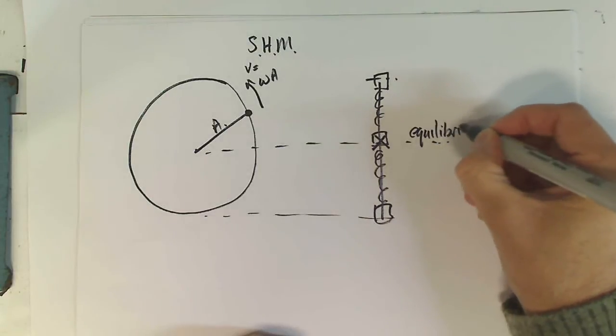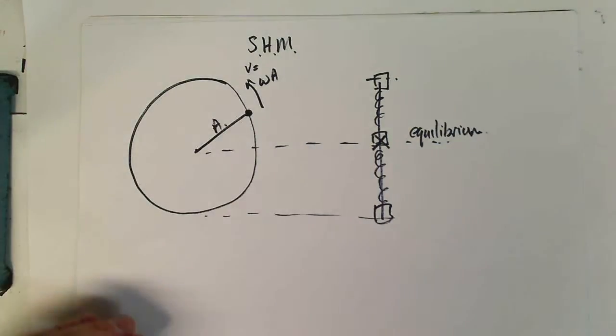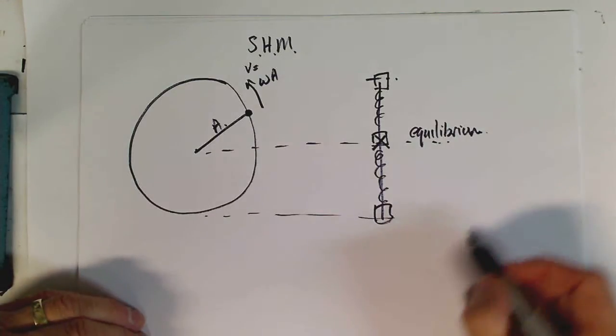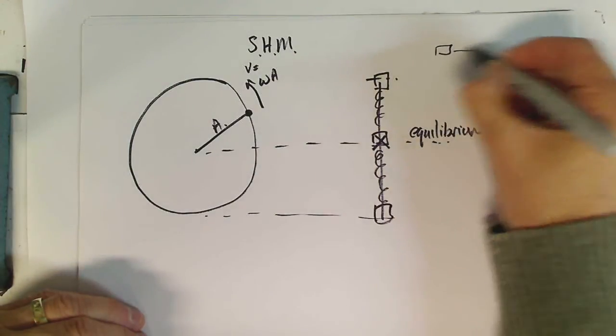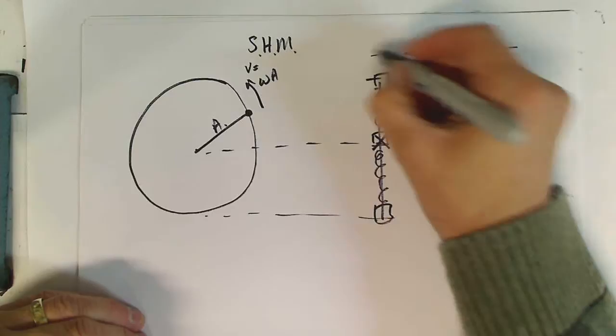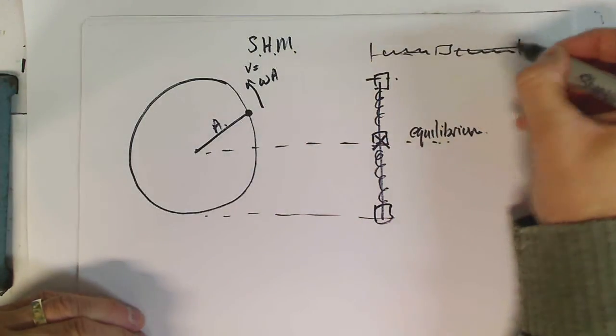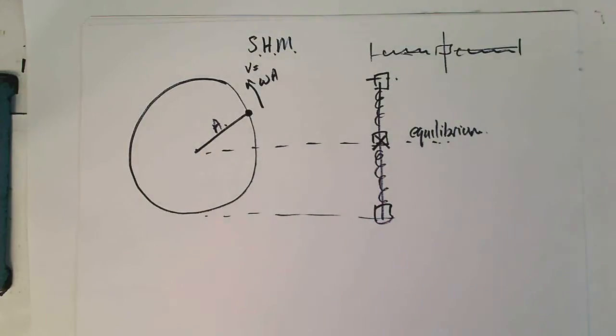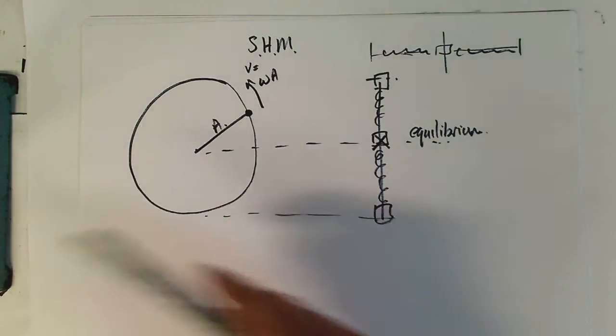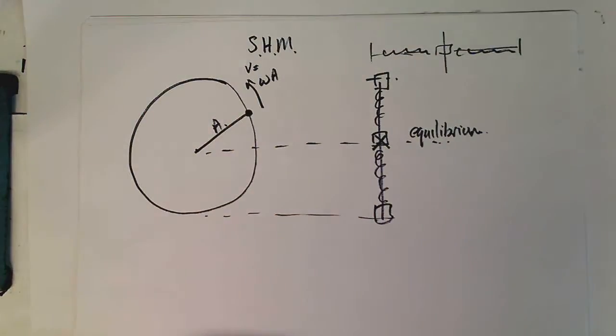Now, we could have had the spring on a horizontal surface, you know what I mean, where it goes backwards and forwards like this, with maybe two springs and doing SHM, and then that would be the equilibrium point. The thing to remember about the reference circle is it doesn't have to be oriented in the same sort of plane as your object.